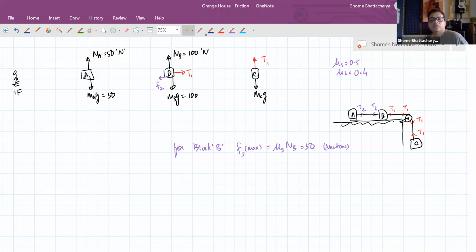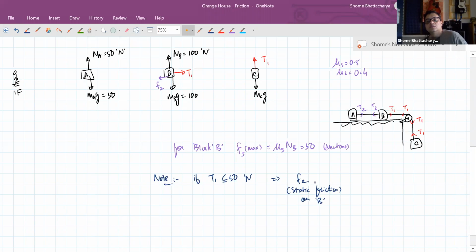Okay, so the first thing you can understand is that if T1 is less than or equal to 50 newtons, then the static friction on B will balance that tension, and as a result of that, the tension in the second string will be 0.